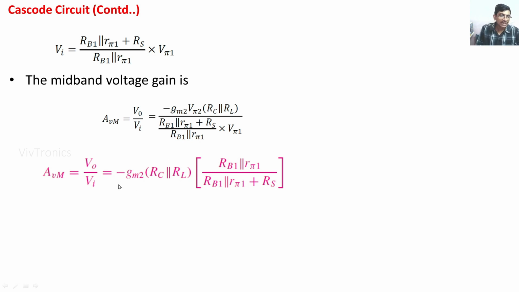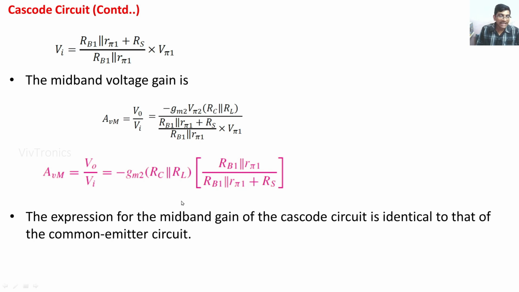So in our equation we have minus gm2 into RC parallel RL in the numerator, and in the denominator we have RB1 parallel with rπ1 plus Rs, and this RB1 parallel with rπ1 will go to the numerator. The midband voltage gain AVM will be equal to minus gm2 RC parallel RL into RB1 parallel rπ1 divided by RB1 parallel rπ1 plus Rs.